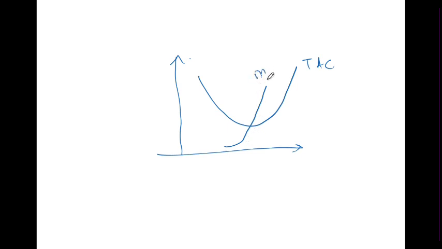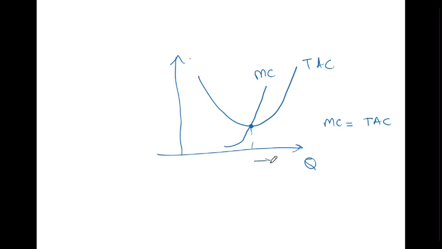This is your marginal cost curve. And what's basically happening is that this lowest point is where the marginal cost is equal to your total average cost. That's why it's called the lowest point.